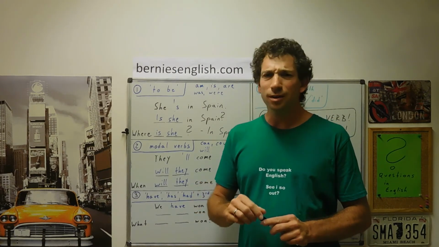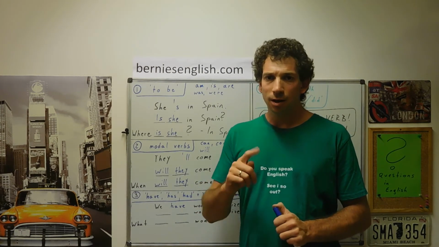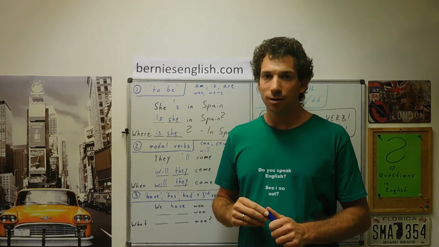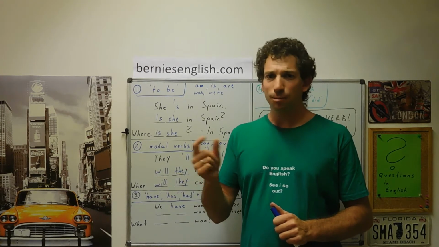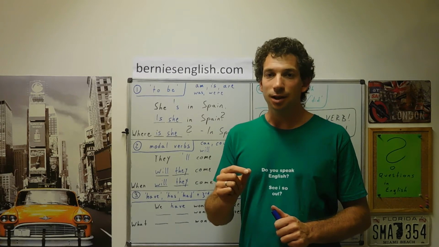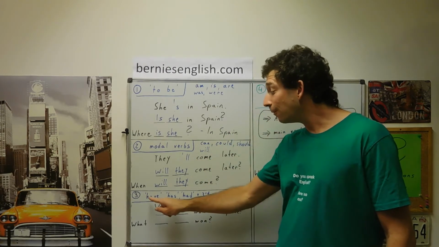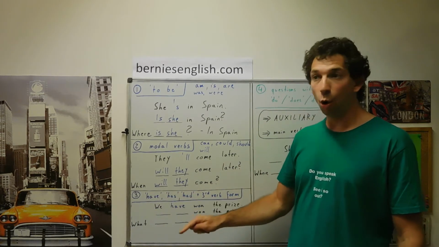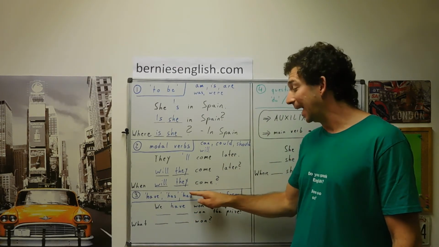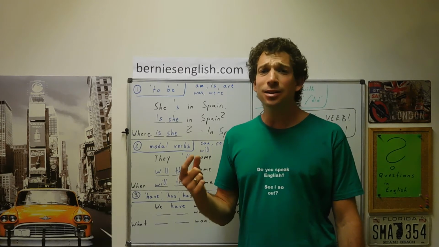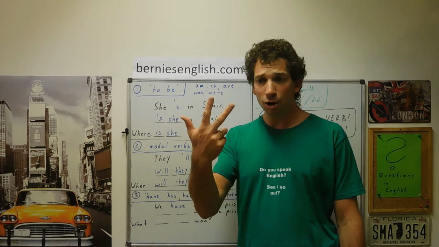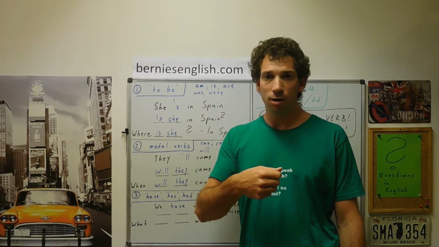So, what is the present perfect? And what is the past perfect? The present perfect and the past perfect, grammatically, is formed with have, has, or for the past perfect, had, and the past participle, the third verb form.